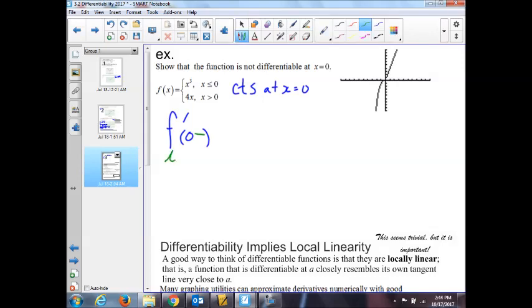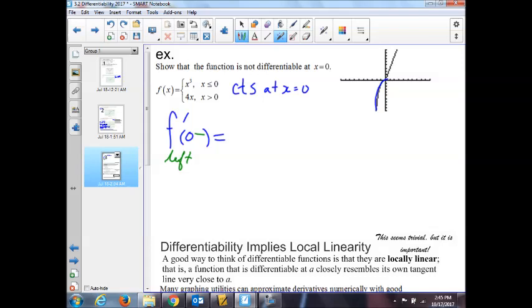This is our notation, not necessarily universally accepted that I'm aware of. F prime of 0 from the left is what I'm saying. Why do you have to put both? Well, just to show you what I mean by the little negative sign: approaching 0, the derivative from the left.